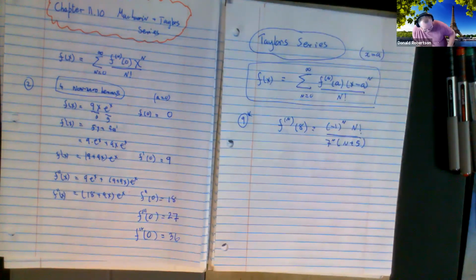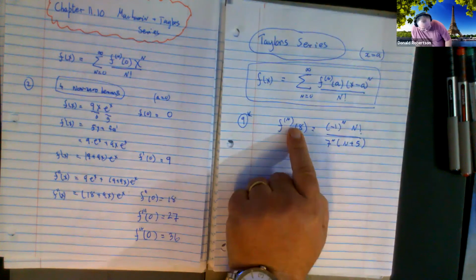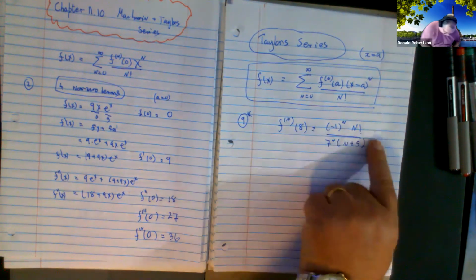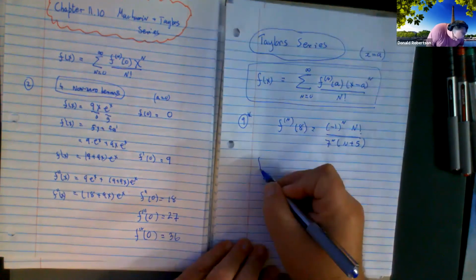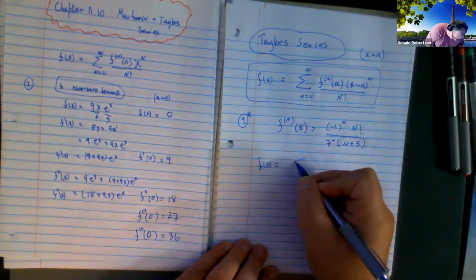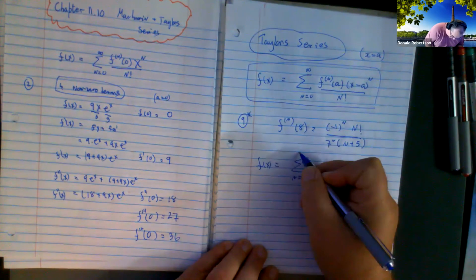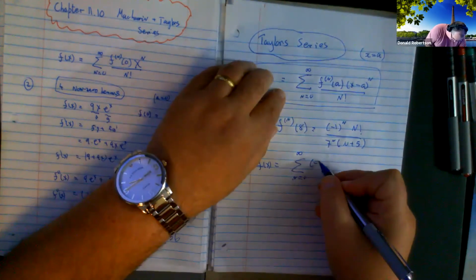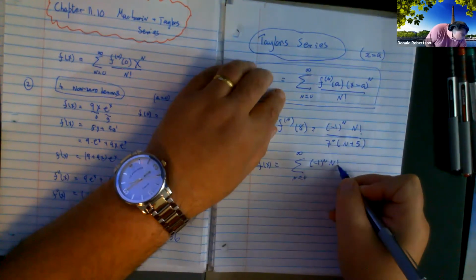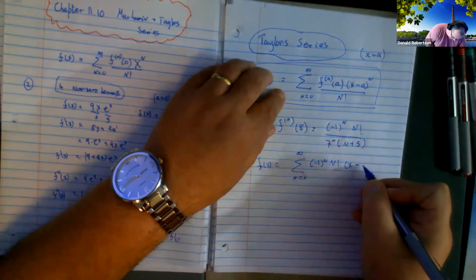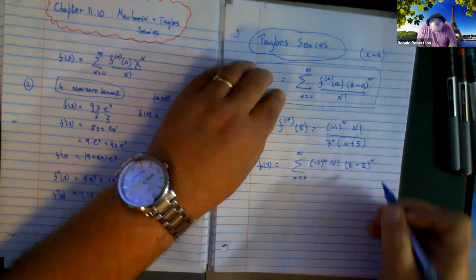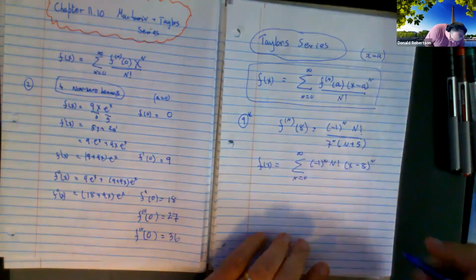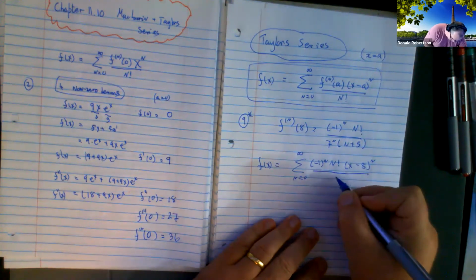If you can find the nth derivative at a, in this case at 8, isn't the power series just going to be the sum from n equals 0 to infinity of this guy? You might say why 8? Because it's centered at 8, a is 8, all over n factorial.